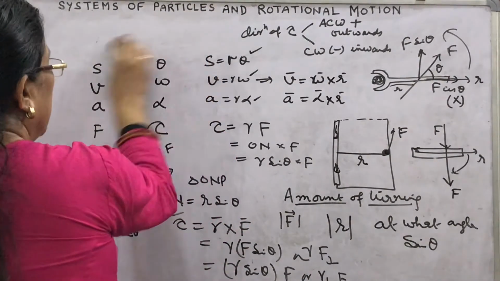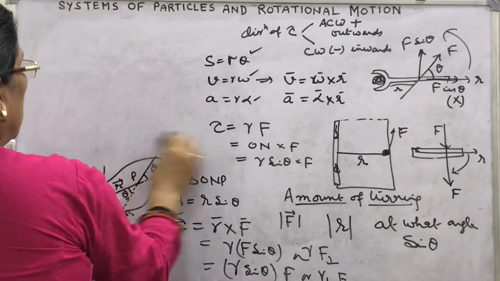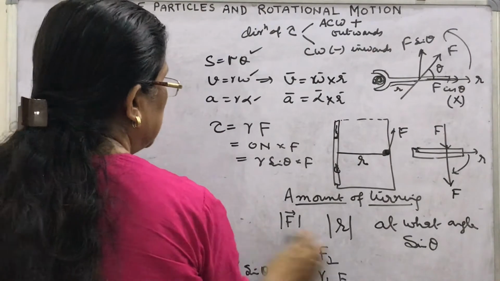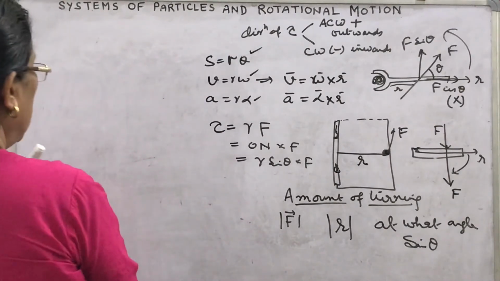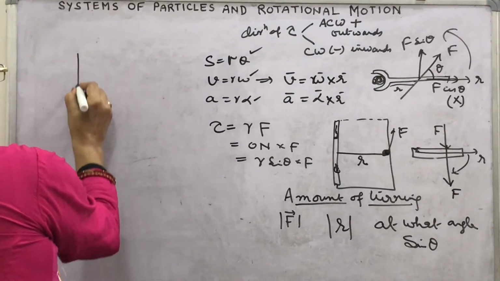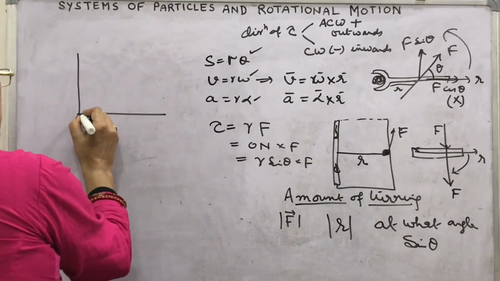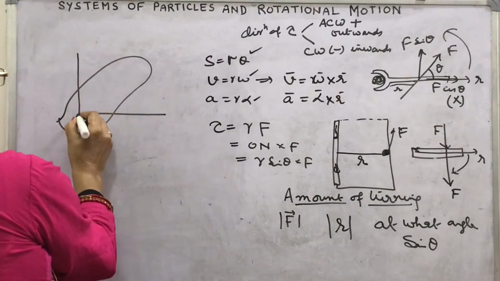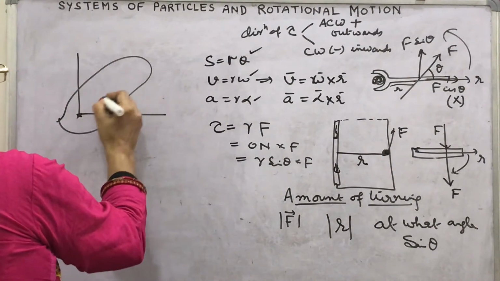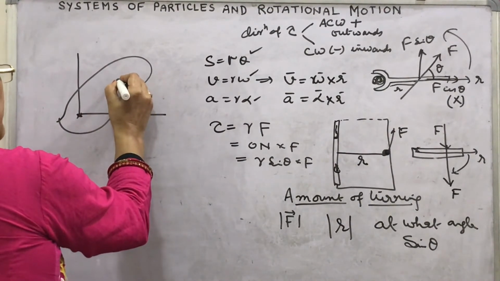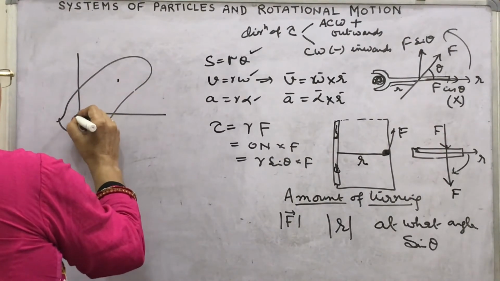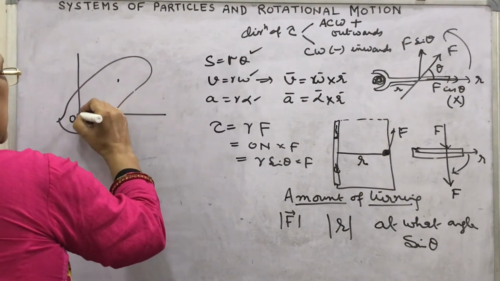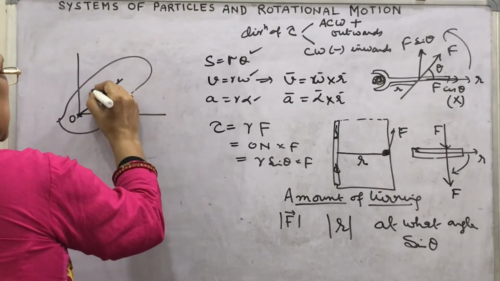Suppose there is a figure in which various forces are given. This is the axis and the object is pivoted here. At the point P from the origin O, the distance is the position vector, suppose this is r.